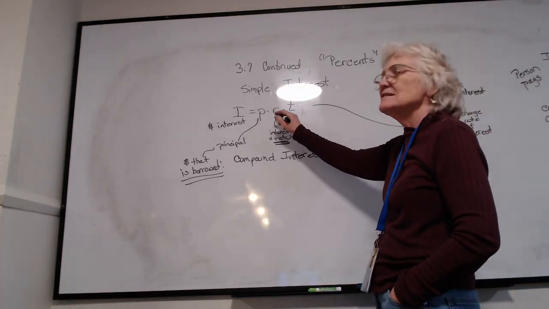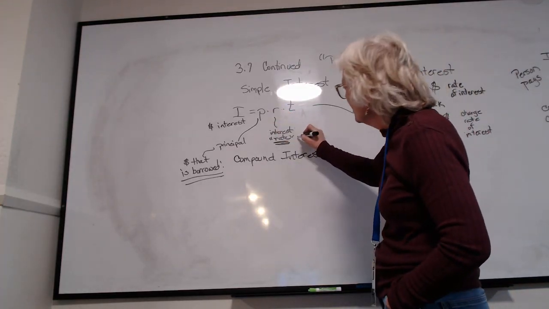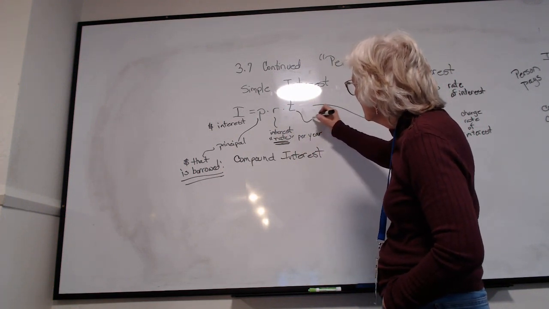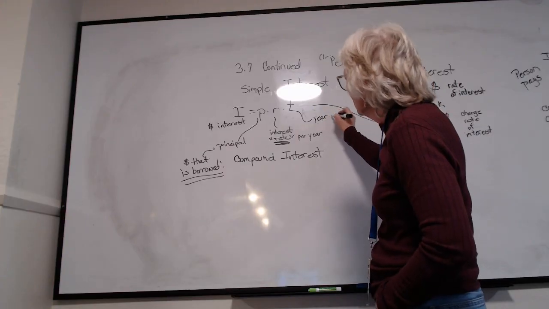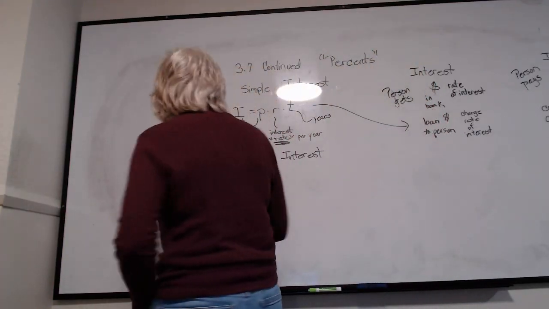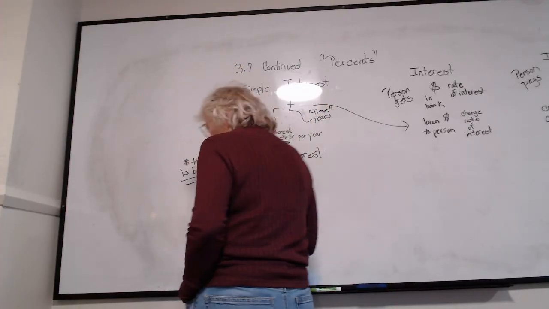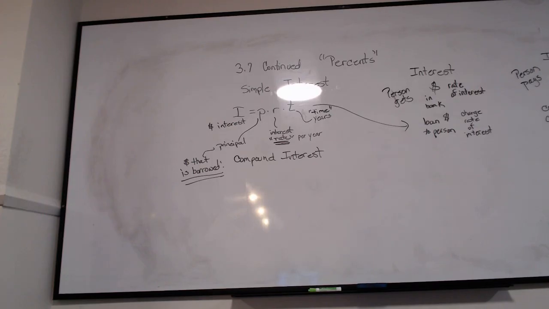And our rate usually is per year. So that means my time will be in years. That is time in years. T is time. Okay. So basically we can calculate simple interest on a loan if we know how long they're going to borrow it, what we're going to charge them, and how much they're borrowing. We can figure out how much interest they're going to have to pay.